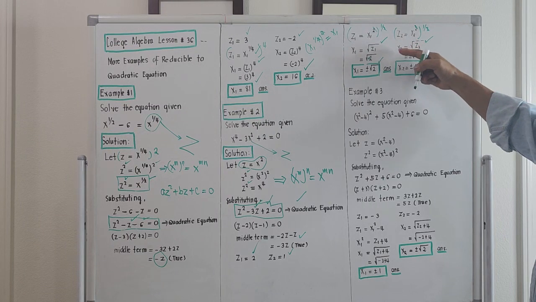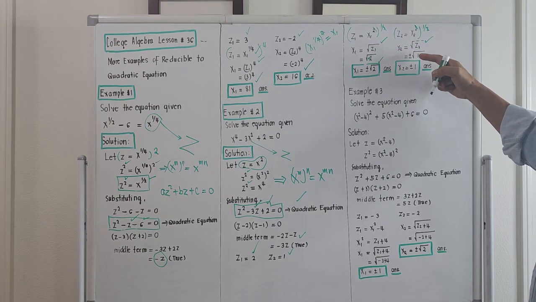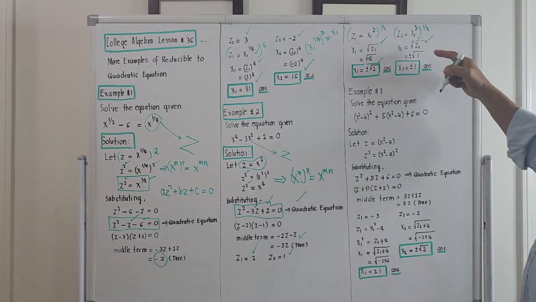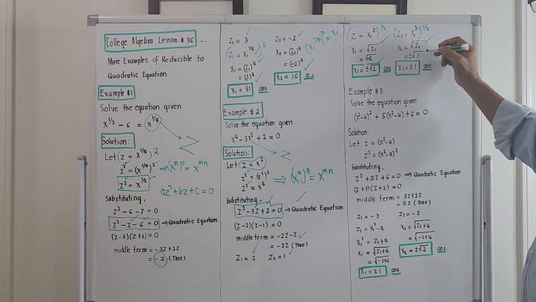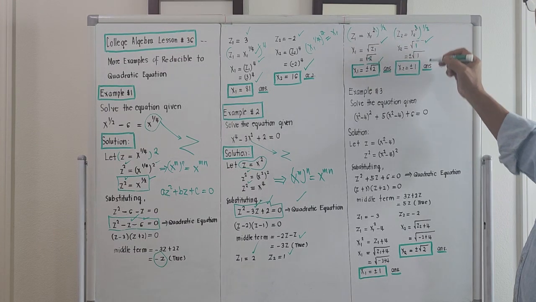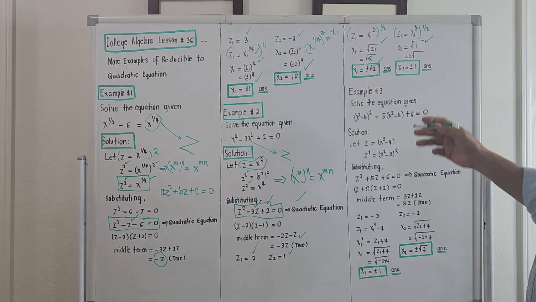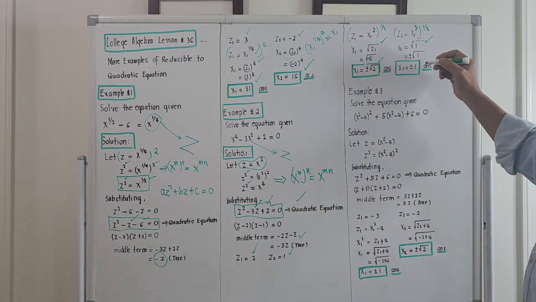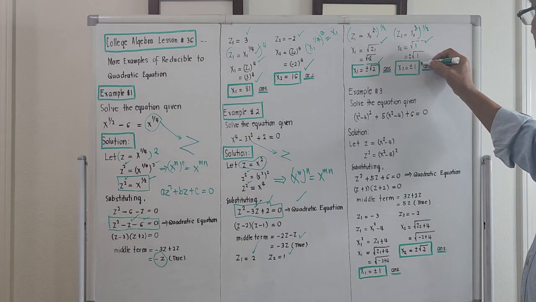So that will just be simply x2. x2 now will be the square root of c2. And since c2 is 1, what's inside is positive 1. And the square root of a positive number is either plus or minus. So x2 will be plus or minus 1.